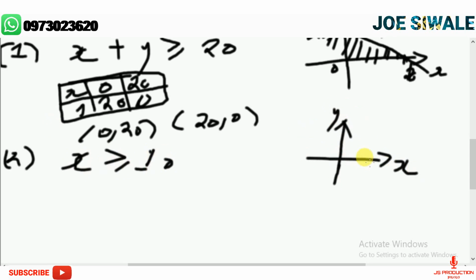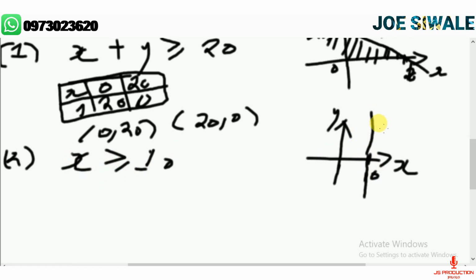I have my y, I have my x, then I have my 10 here. And here I'm going to draw x equals 10, which is this line. If I'm told to shade the unwanted region so that I can indicate the wanted region, I need to consider the sign.